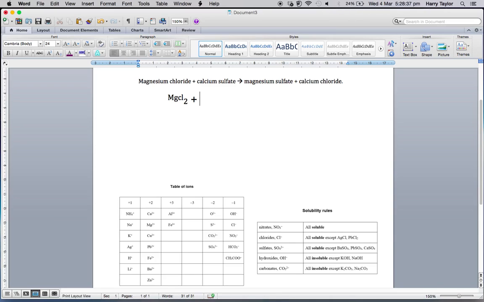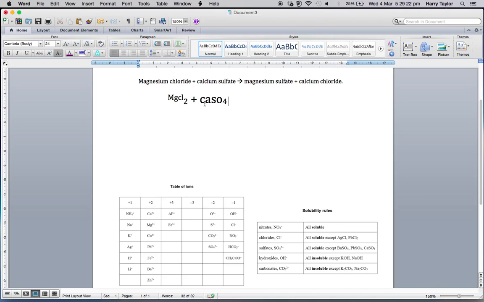So you won't need any of those 2s or other numbers. And for all sulfates, all soluble except for Ba, lead sulfate, and calcium sulfate, and that's what we're doing, calcium sulfate. So it's insoluble. Now, so it's CaSO4. So that's how you make your calculation.